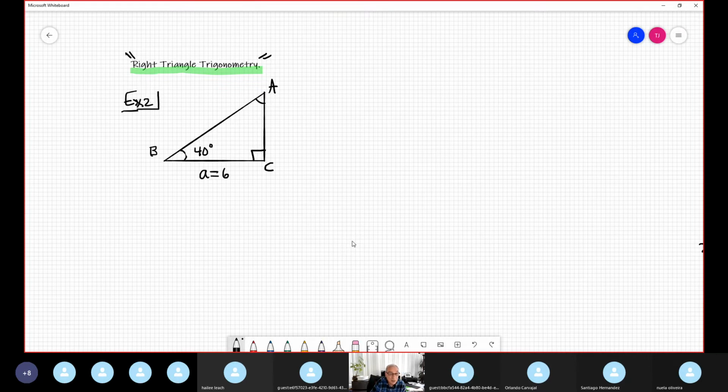Remember, A, which is opposite to the angle A, is this. This is given. I need to find B. I need to find C. That's it. So the angle B is given, 40. I know that angle A is complementary, 50, no? 40 plus 50 is 90 degrees. It's 50.